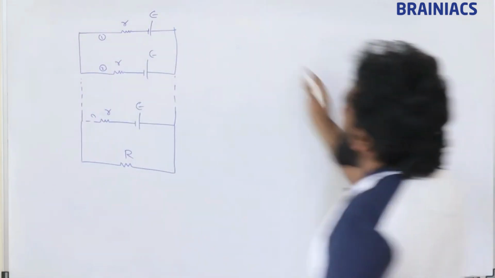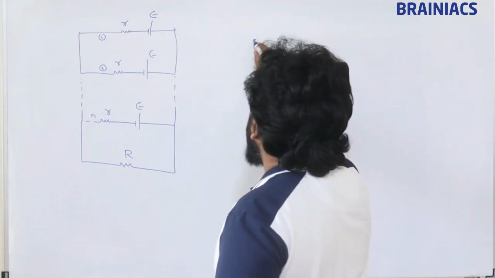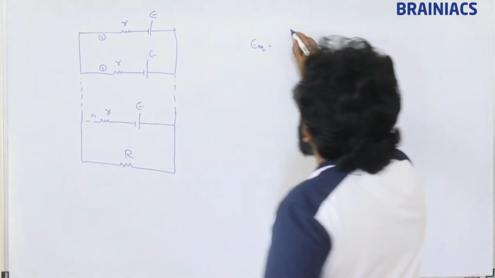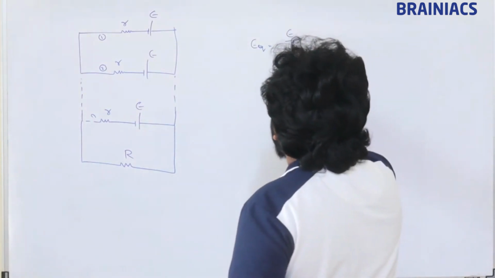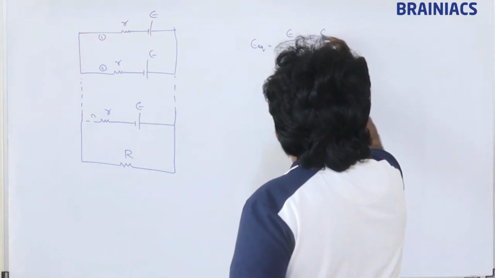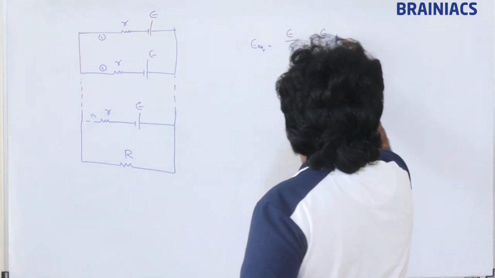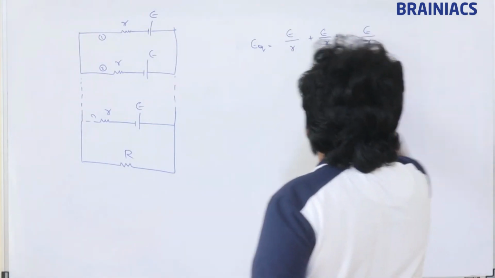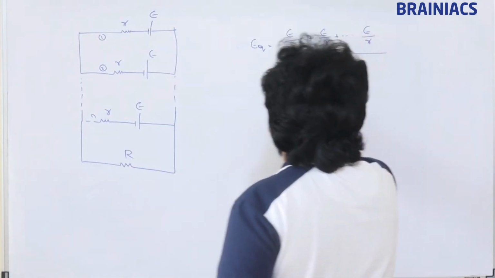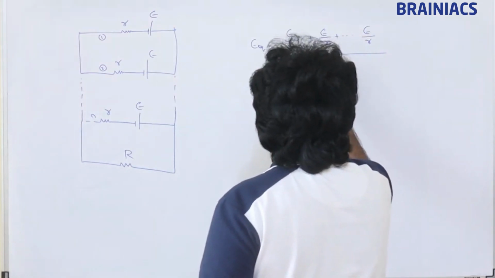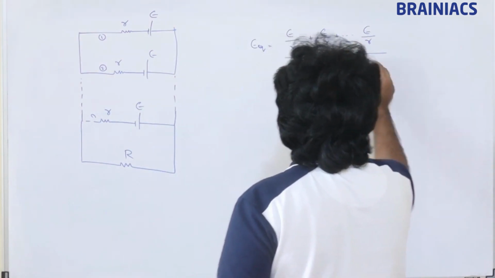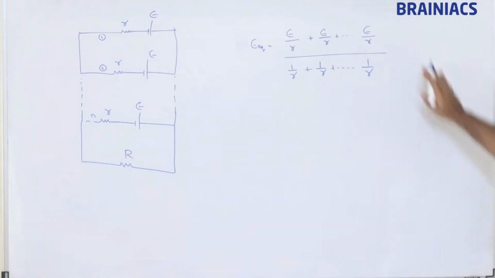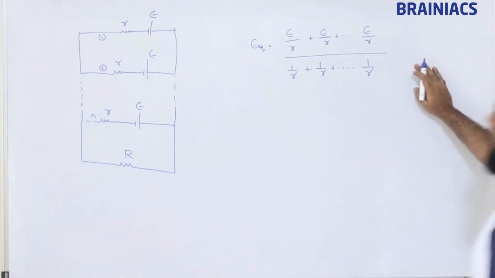So what will happen? Suppose we try to find E equivalent, so this is nothing but E by R plus E by R plus, likewise up to nth E divided by R, divided by 1 by R plus 1 by R plus dot dot dot 1 by R. Clear? This is how it is going to come.